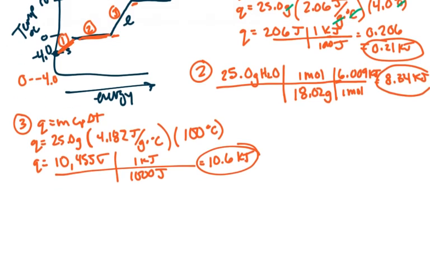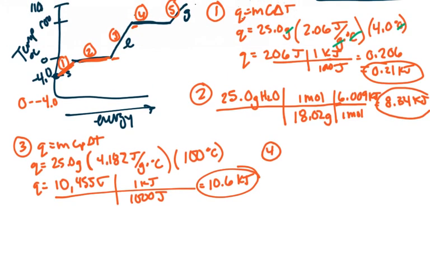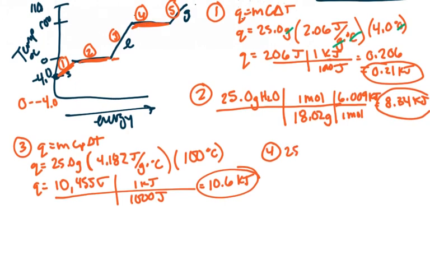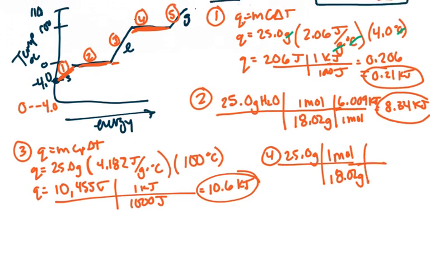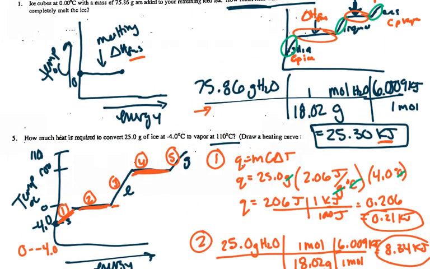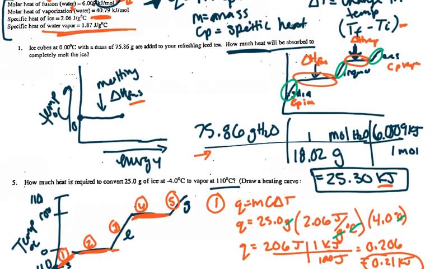Now moving on to my fourth one. The fourth one is again a conversion because I'm flat. So I'm going to take my 25.0 grams. I need to convert it to moles, so 18.02 grams to 1 mole. And then I need to convert using, this time because I'm up here at boiling, molar heat of vaporization.